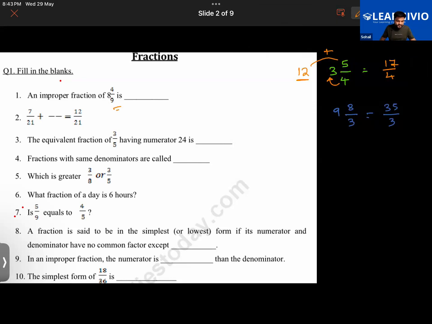Answer the first question. The improper fraction of 8 whole and 4 upon 9 is... The same thing has to be done.